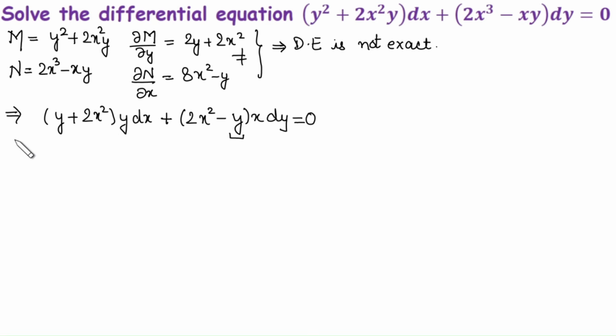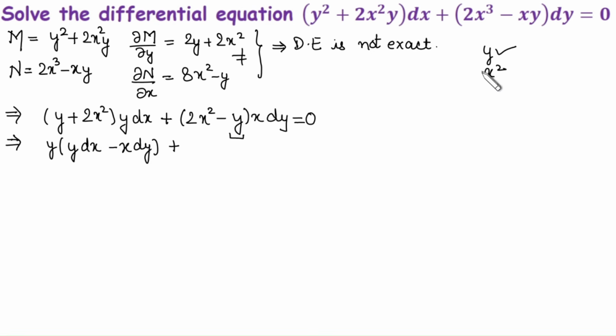We have two terms. One is y, another is x square. So take y outside from here. So it becomes 1 into y, that is y dx, and from here y outside minus x into dy.